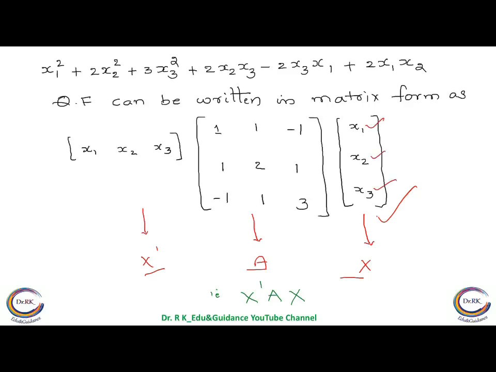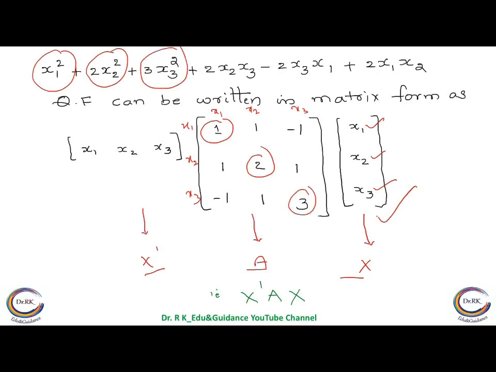Now the important step is writing the matrix. As I told, we write this as x1, x2, x3 and x1, x2, x3. First you see here x1 square, so 1; 2x2 square, so 2; 3x3 square, so 3.